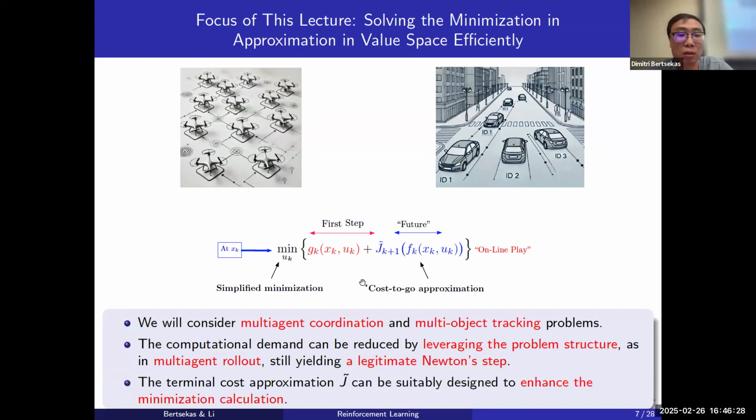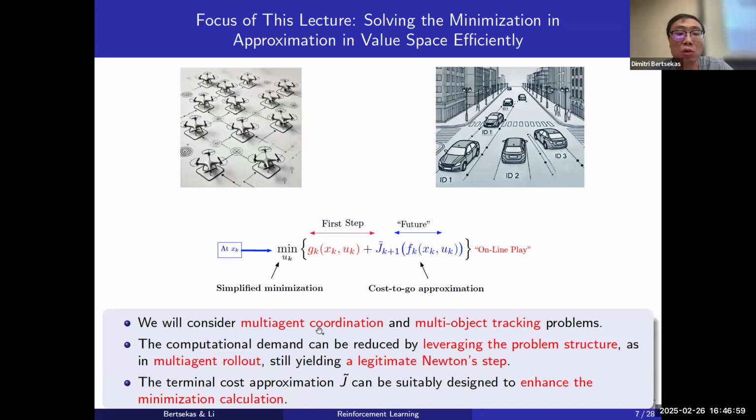For the other case, we will show that by using the problem structure, we can purposely design this J tilde such that the remaining minimization problem becomes a standard optimization problem that can be solved routinely, very quickly. So this terminal cost approximation J tilde can be suitably designed to enhance the minimization calculation.